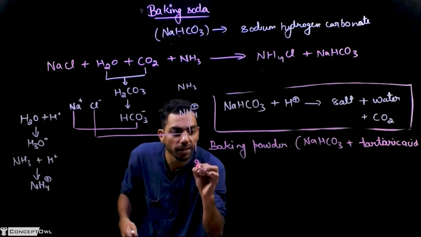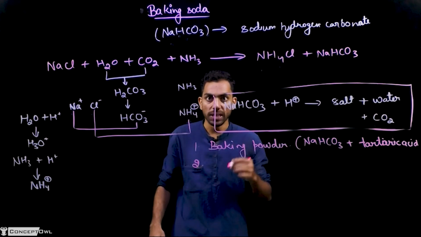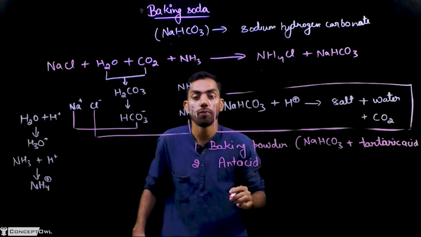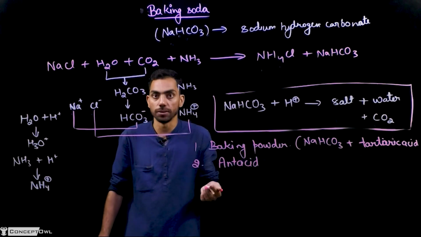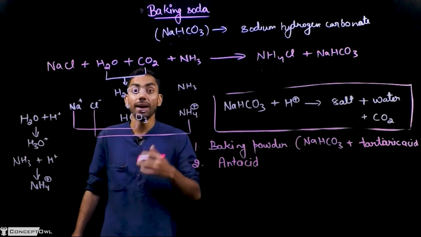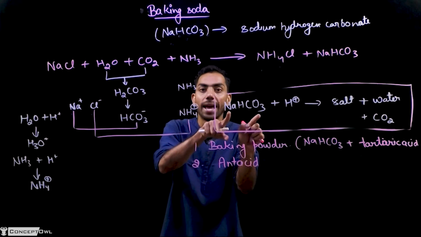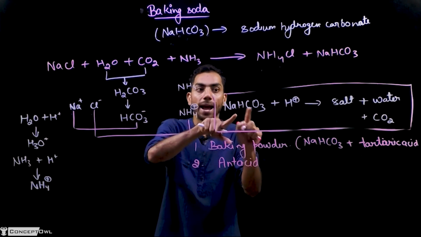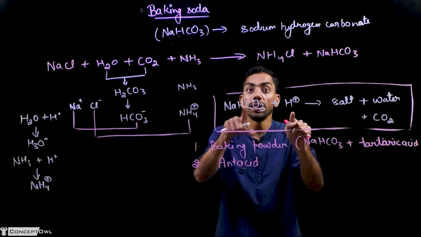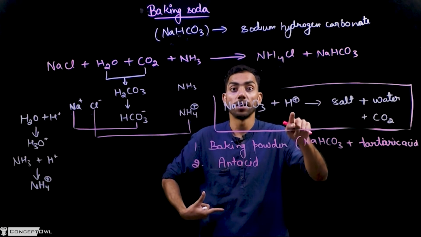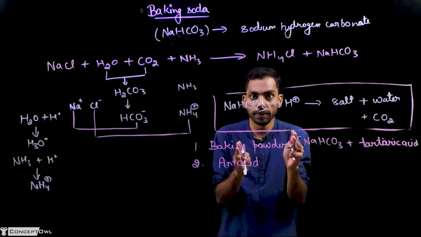Now coming to another use, NaHCO3 is also used in antacids. Whenever we have acidity, we take an antacid, which gives relief from the acidity. This antacid contains NaHCO3, baking soda, which reacts with the acid present in excess amount in our stomach and neutralizes the acid.